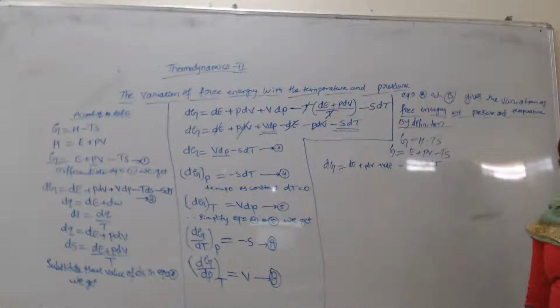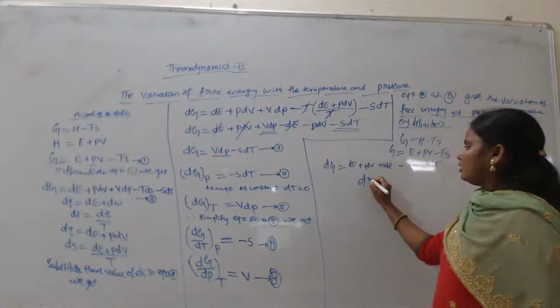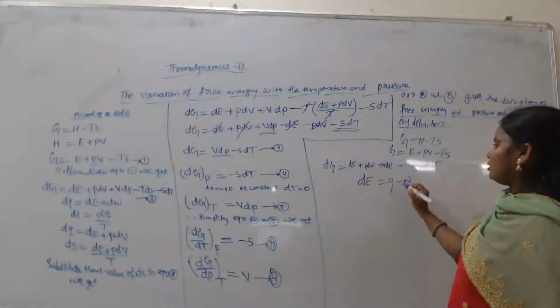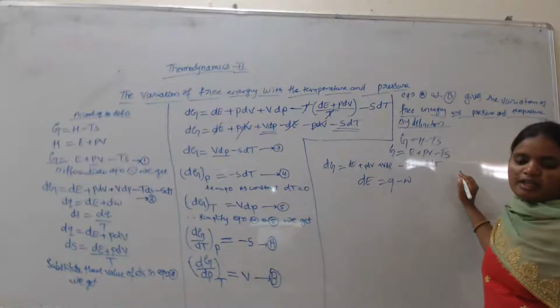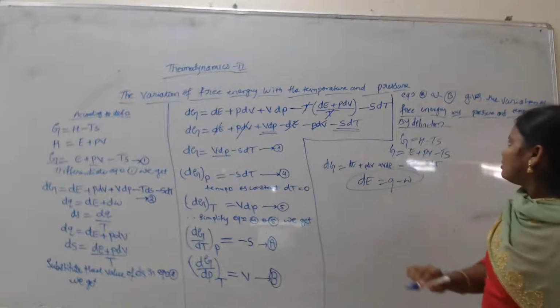Here this is the first law of thermodynamics, that is dE is equal to Q minus W. We get the final equation, which shows the variation.